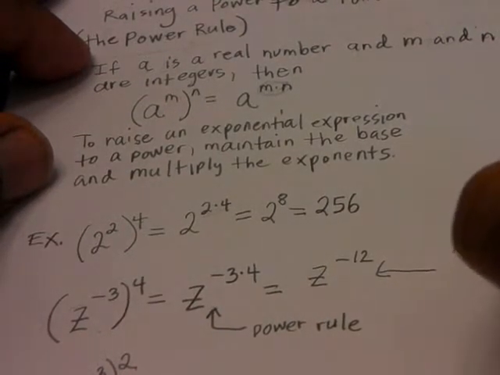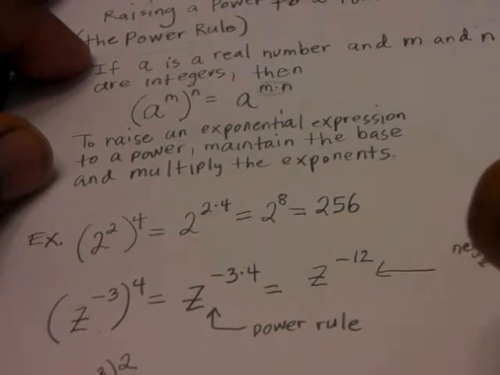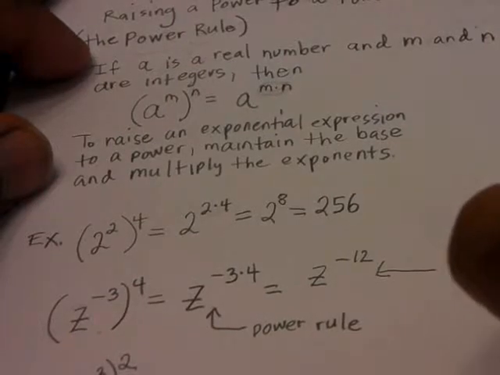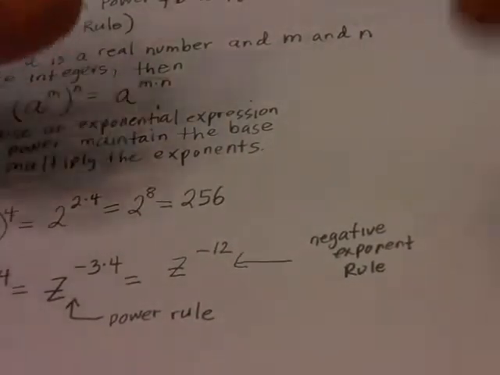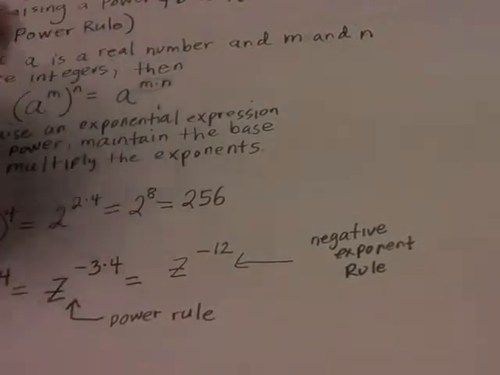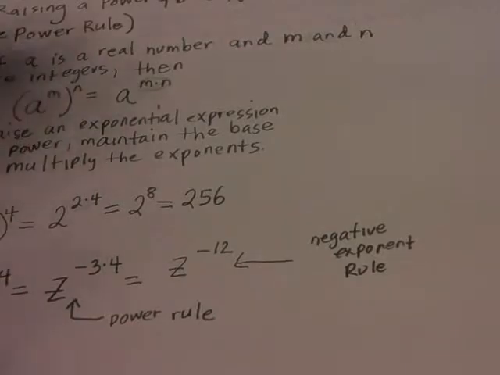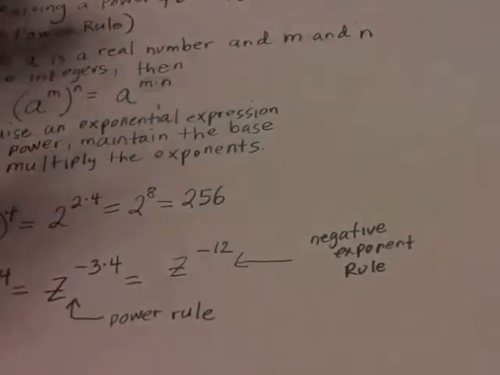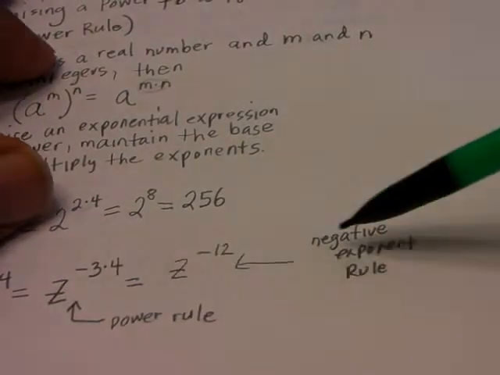negative exponent rule. Once we do that, remember that when we do the formula, we want to try to remember what type of properties we can apply. So we applied 2 properties.